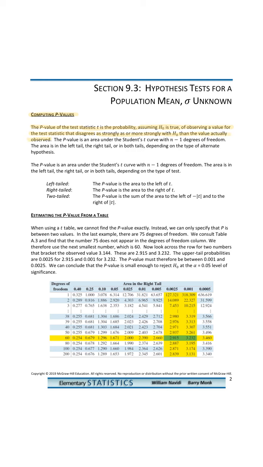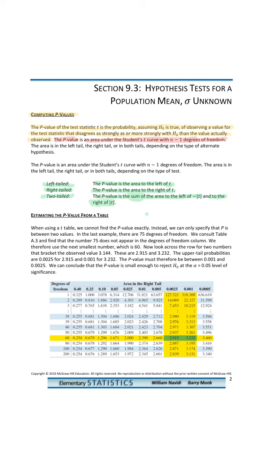The p-value is the area under the student t curve with n-1 degrees of freedom. Left tail p-value is the area to the left of t. Right tail p-value is the area to the right of t. Two tail p-value is the sum of the area left of negative absolute value of t and to the right of absolute value of t.